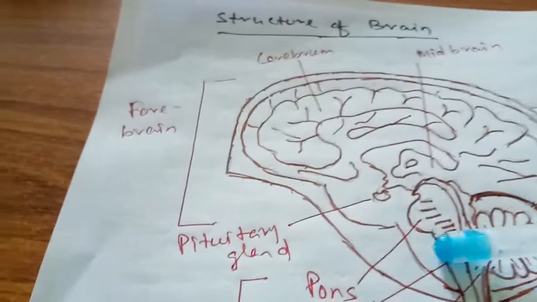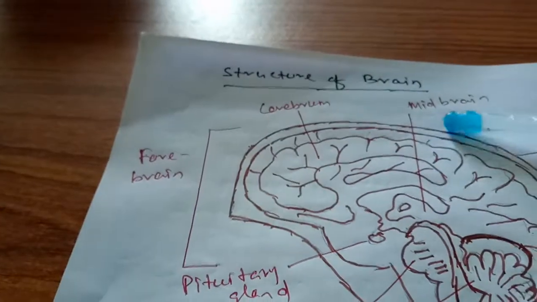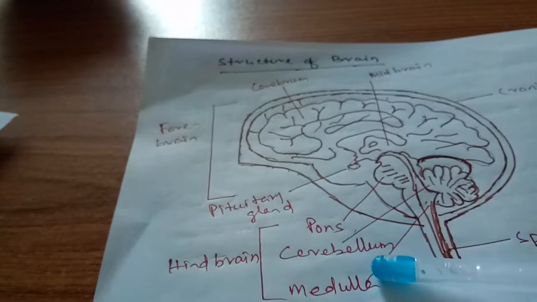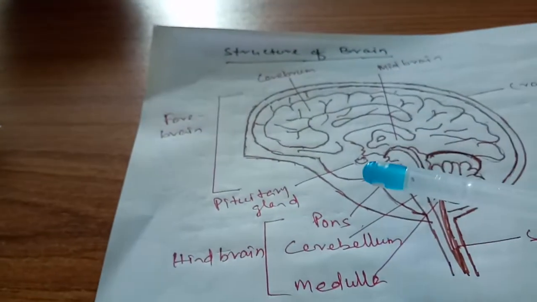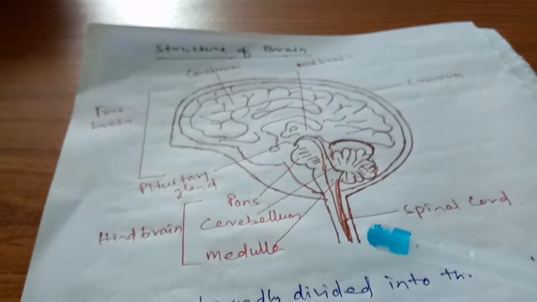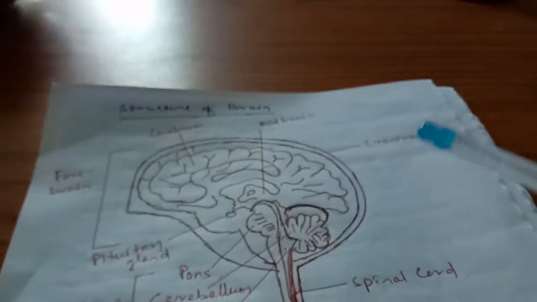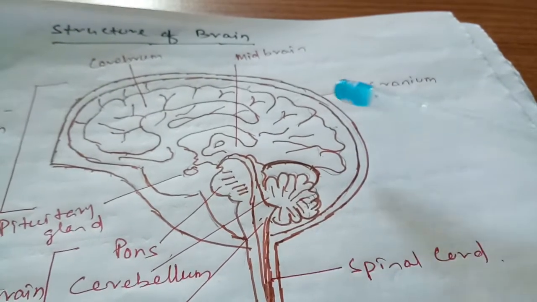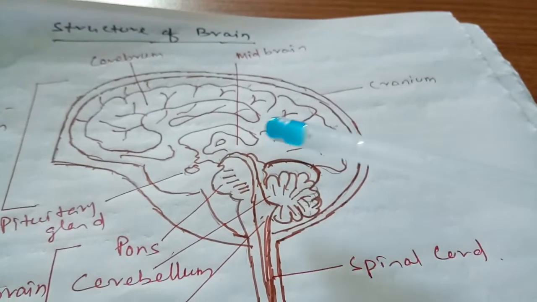And this part is our midbrain. And the lower part is known as the hindbrain. It has further two parts. Here the pituitary gland is present in the brain, and the lower part is extended as the spinal cord, and the outer protecting layer is called the cranium, inside which the brain is present.